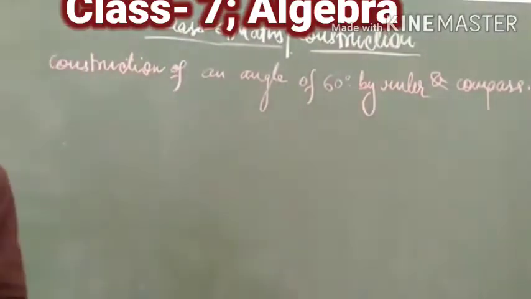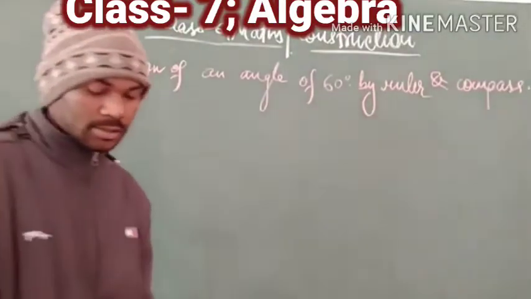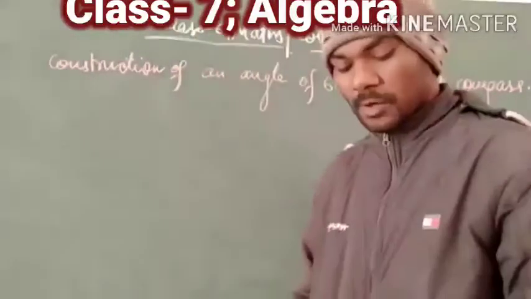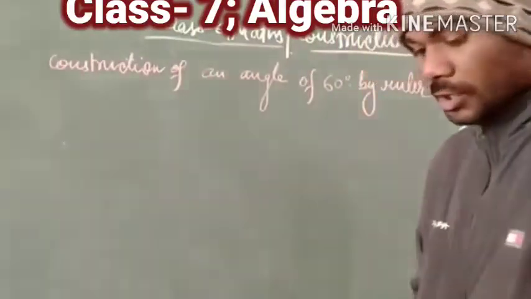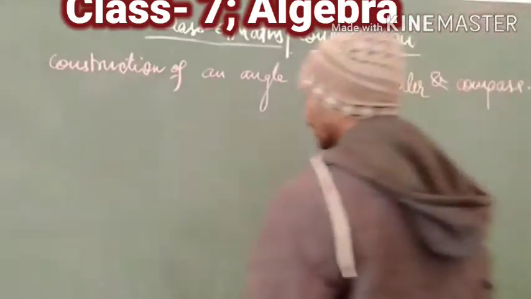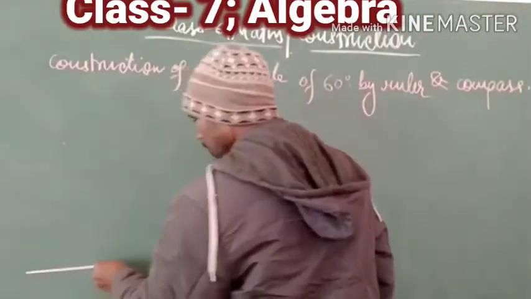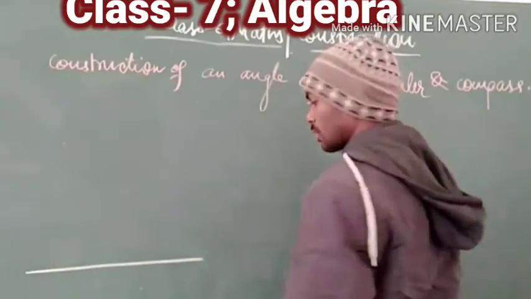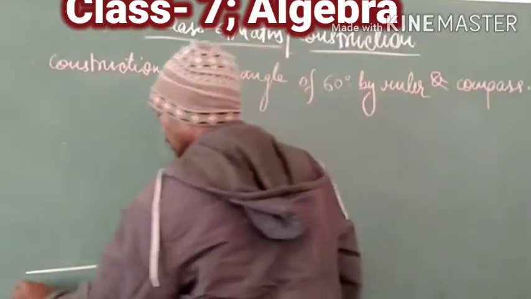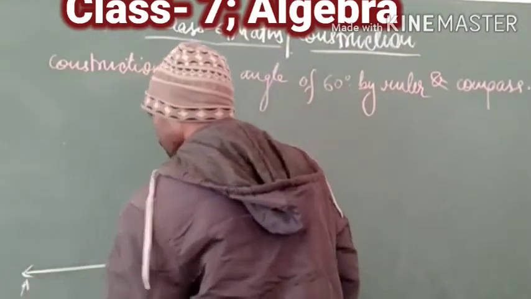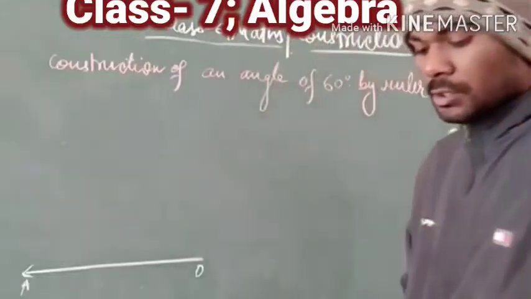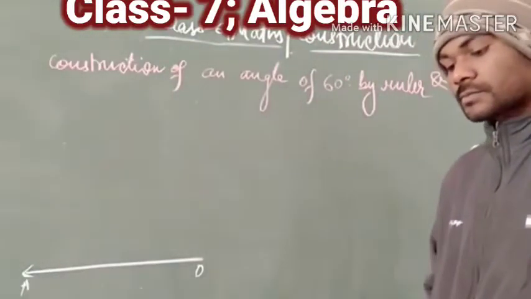Okay, so now let us start. First of all, take a ray OA. Any ray OA.